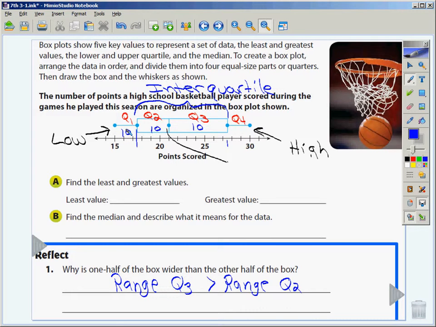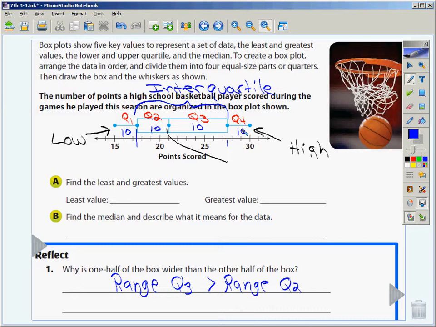How many pieces are in Q4? Remember, it divides the number of pieces evenly into fourths, quartiles. So it has nothing to do with how much data is there. It has to do with the range of the data.